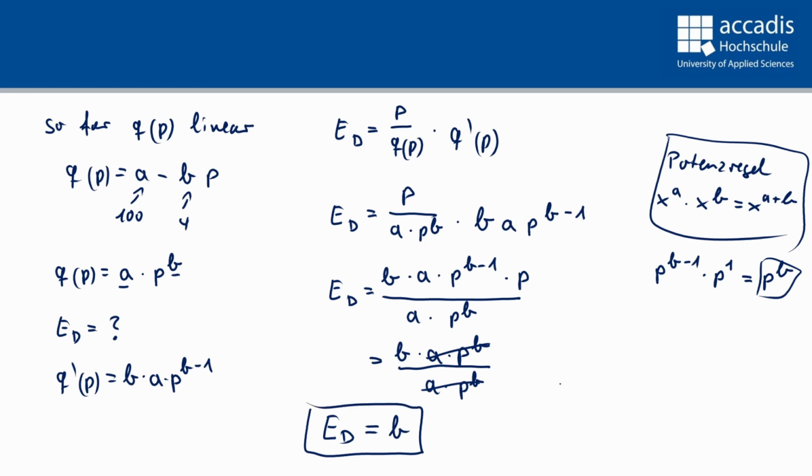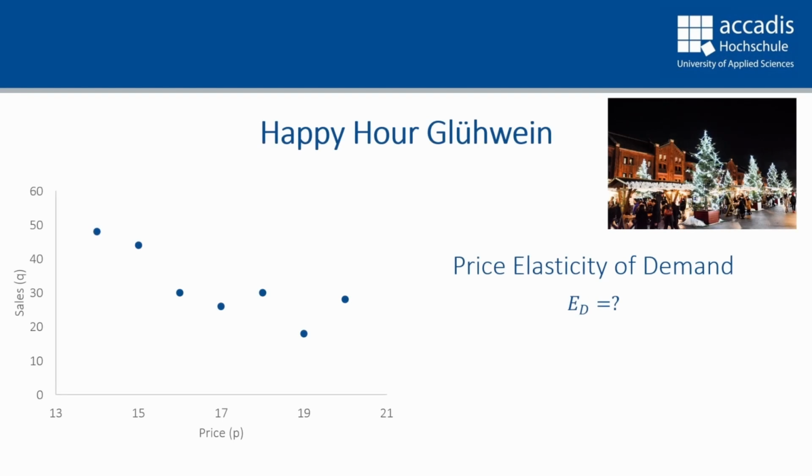It's just B. So if you see a function which looks like this, A times P to the power of B, you can simply read the elasticity of demand from this exponent. So when we assume such a nonlinear function, we get an estimate for a constant elasticity. And luckily, we already know how to estimate this kind of function.